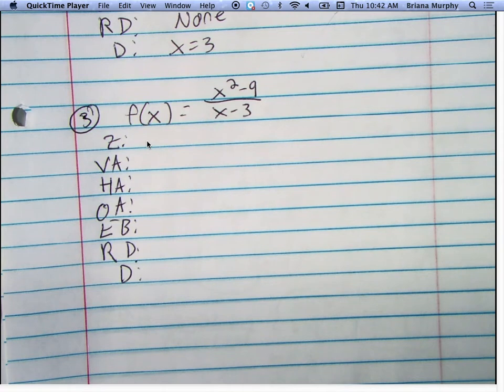How are we doing, guys? Where would you put that? Something cancels out. Which one would that be? Zeros, vertical asymptote, horizontal, oblique, end behavior, removable discontinuity.